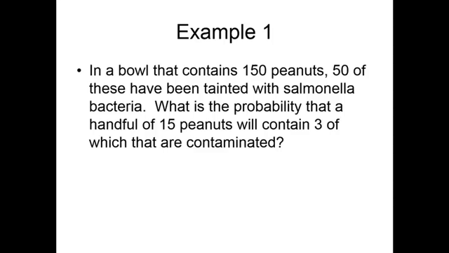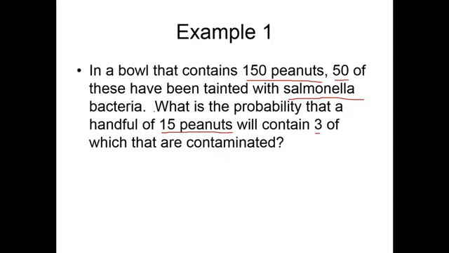Now, we had mentioned that this connects with hypergeometric. How does it do that? Well, take a bowl that contains 150 peanuts, 50 of which have been tainted with salmonella bacteria. Ooh, bad stuff. What's the probability that in a handful of 15 peanuts, 3 will be contaminated? So this is hypergeometric.